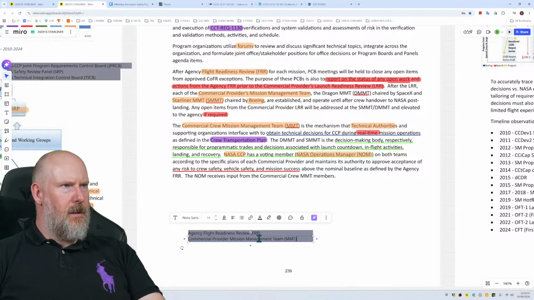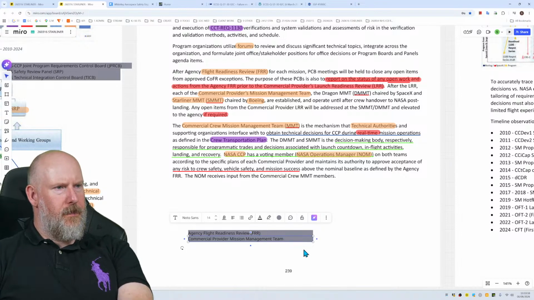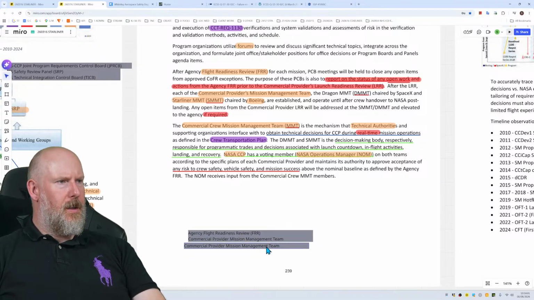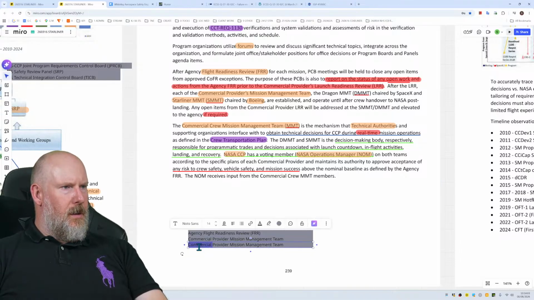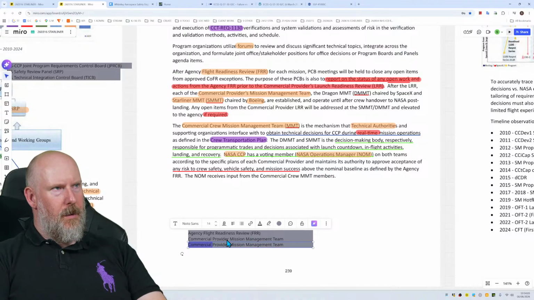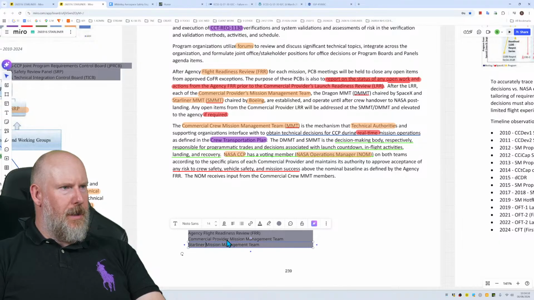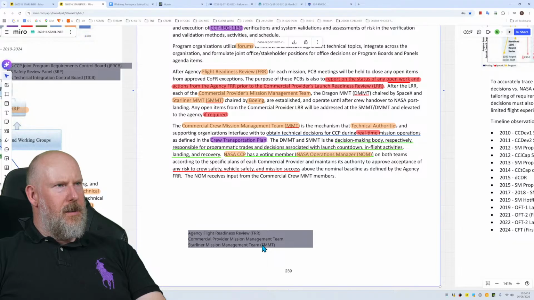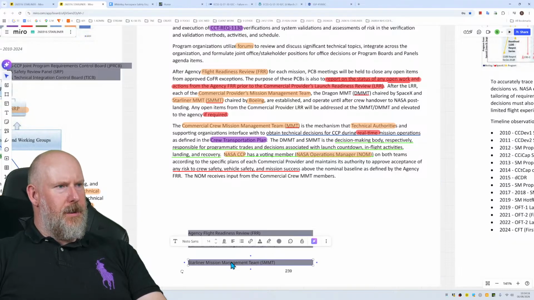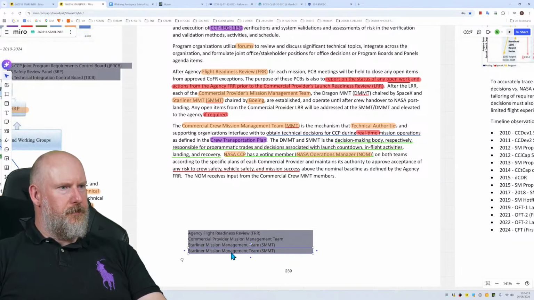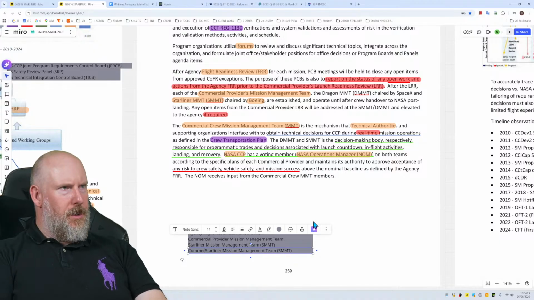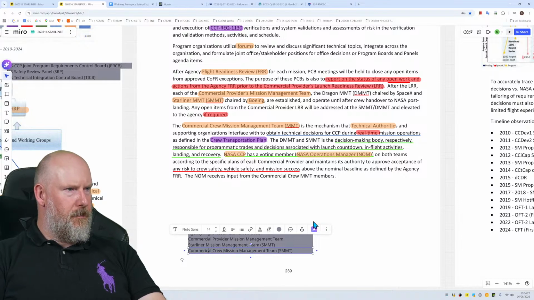And then we've got Starliner Mission Management Team, SMMT. Then we've got Commercial Crew Mission Management Team.